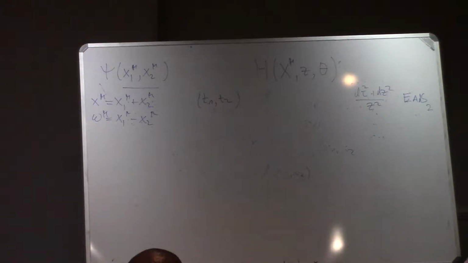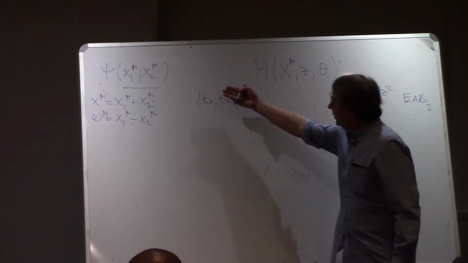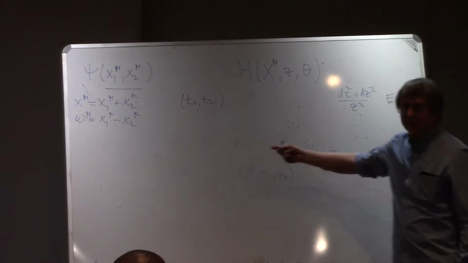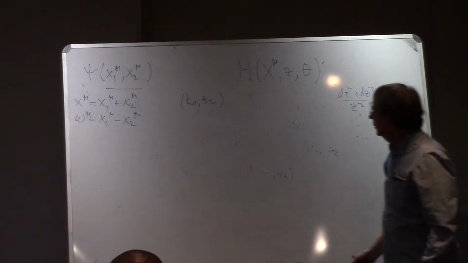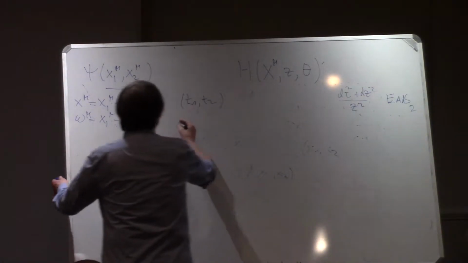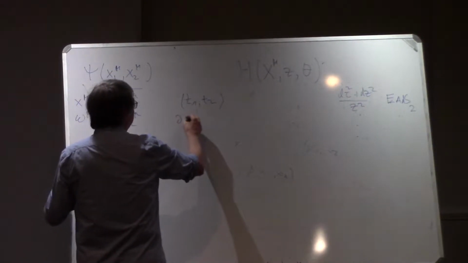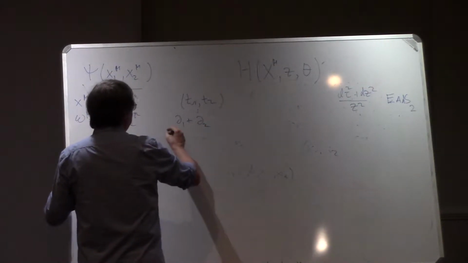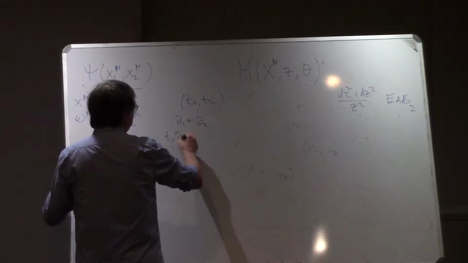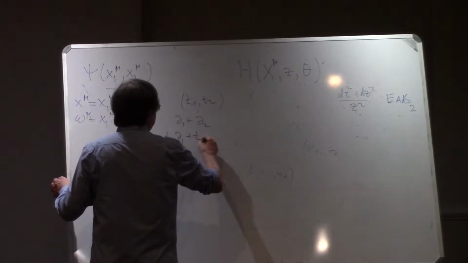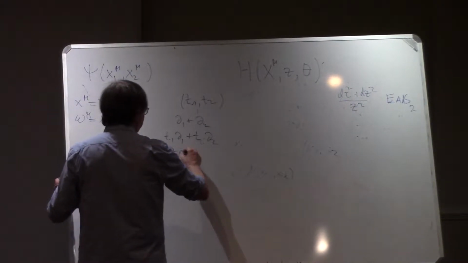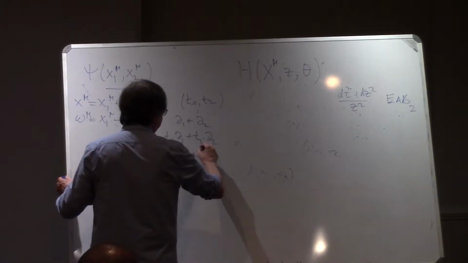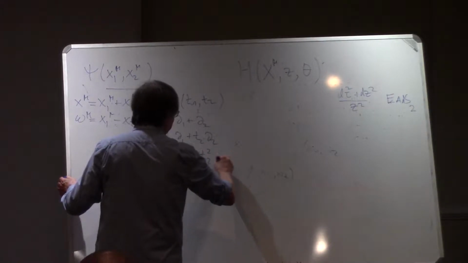It's very simple, and it is simple to establish, because the conformal group acts on this, and the same conformal group acts on that. The conformal group acts here as D1 plus D2, T1 squared D1 plus T2 squared D2.